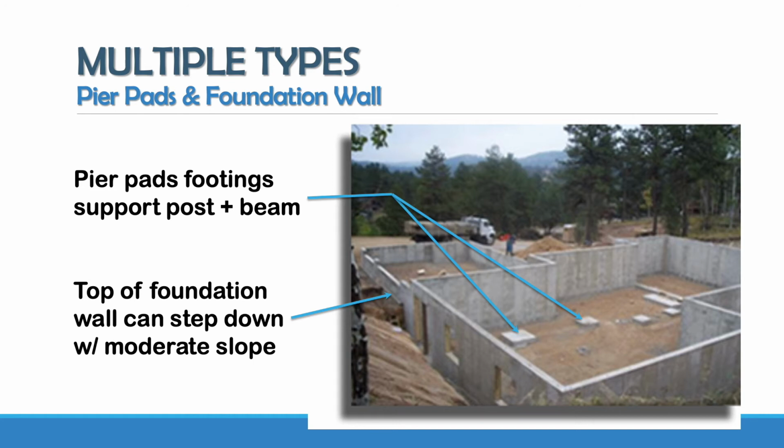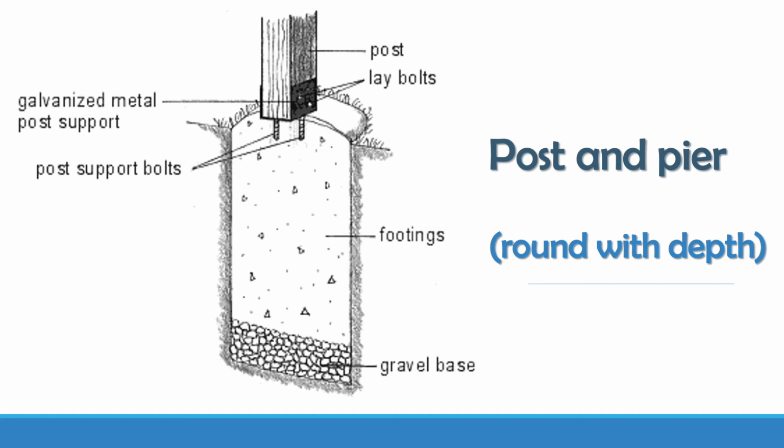Even in an unheated space, there's enough protection that we don't have to dig nearly as deep. And so the depth of the footing tends to be based on the load that's on it and not what the frost line is. We'll be looking at several images of post and piers.